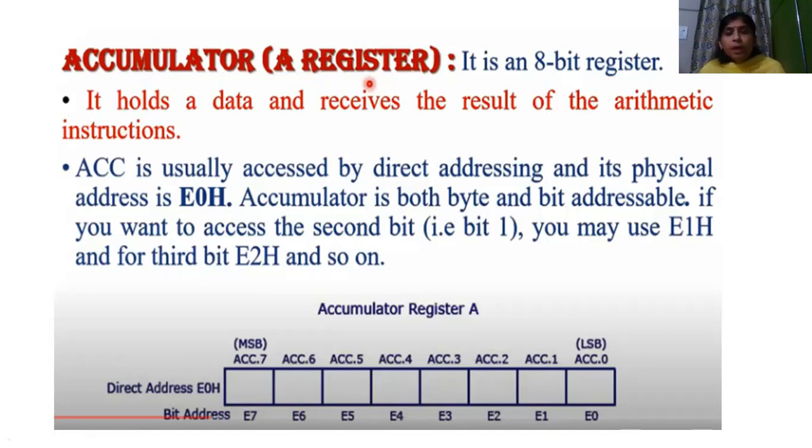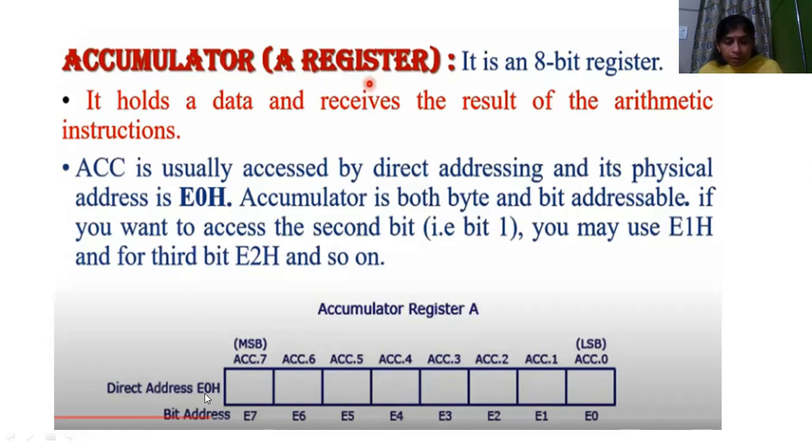It holds data and receives the result of arithmetic instructions. It is usually accessed by direct addressing, and its physical address is E0H, as we have seen in the previous slide. It is both bit addressable and byte addressable.